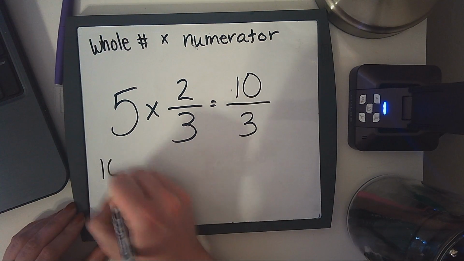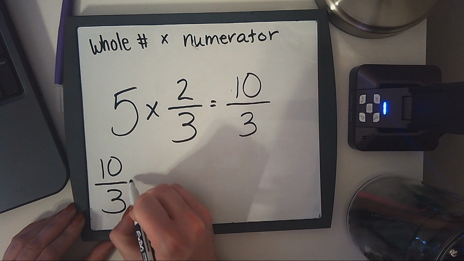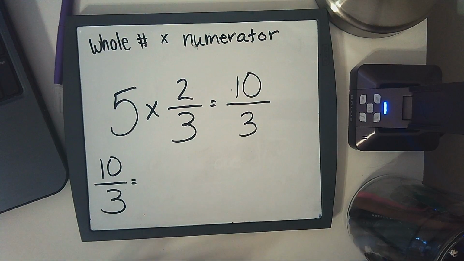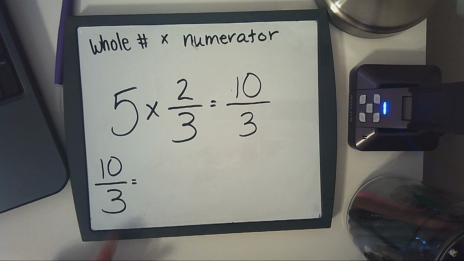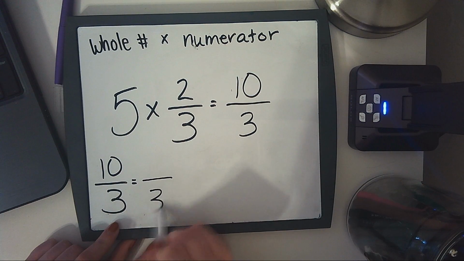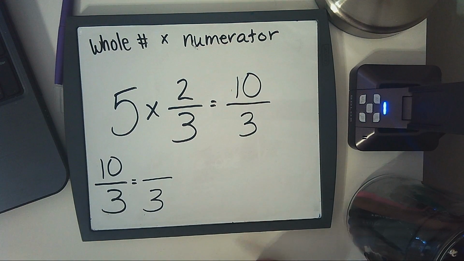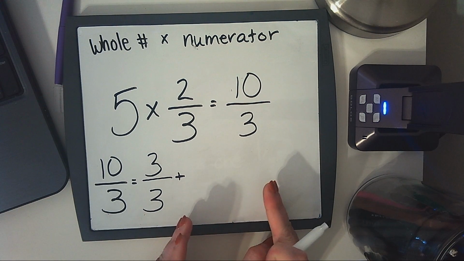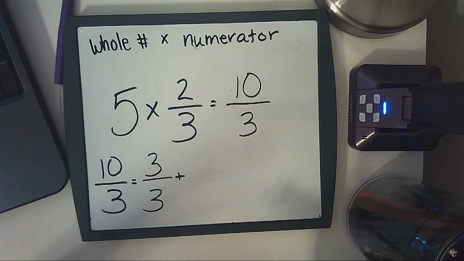So take your 10/3 and break it apart and see how many 1/3s you can get. So our denominator is a 3. In order to have 1/3, I need to have the same number on the top, a 3. And remember, all of your numerators need to add up to 10 when you break it apart in order to make a mixed number.